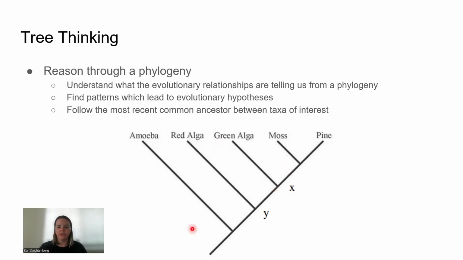So I'm going to introduce this phylogeny down here. It's actually a cladogram, right? Because all of our branch lengths are leading to the same horizontal level. Introducing this phylogeny, we have pine, moss, green alga, red alga, and then amoeba.